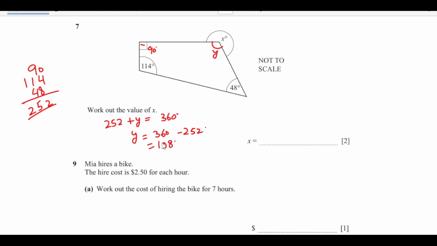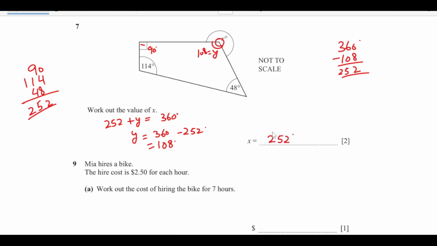Now this is not our answer actually. 108 is this angle. So now we are looking for this whole angle, which is going to be 360. So 360 minus 108 is going to give us the value of x. That is 252 again.